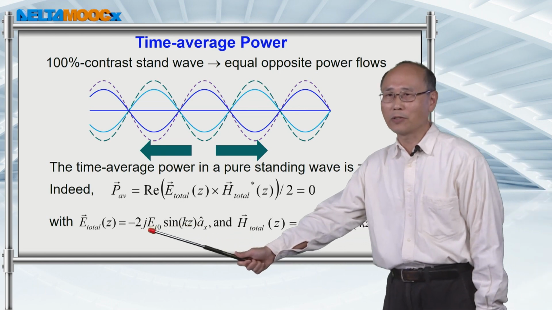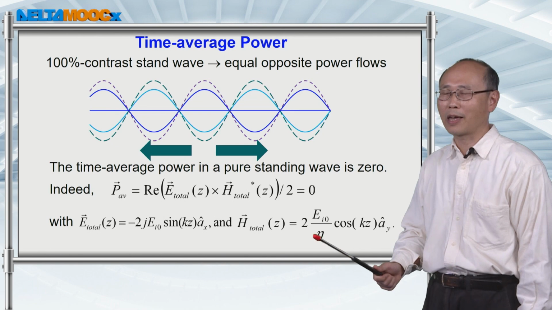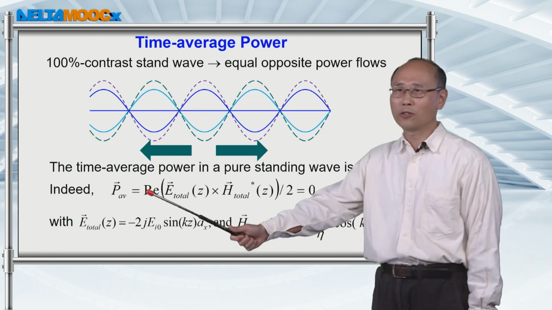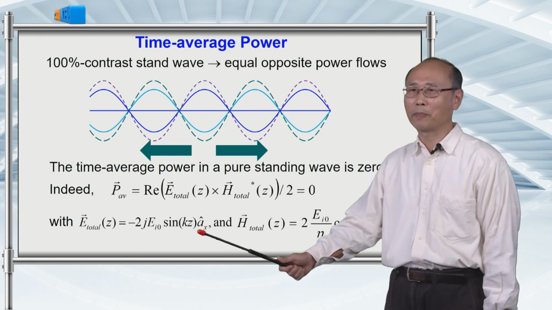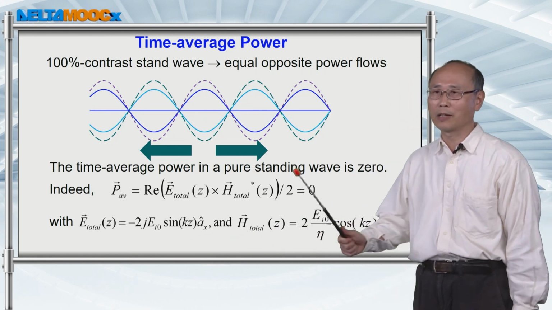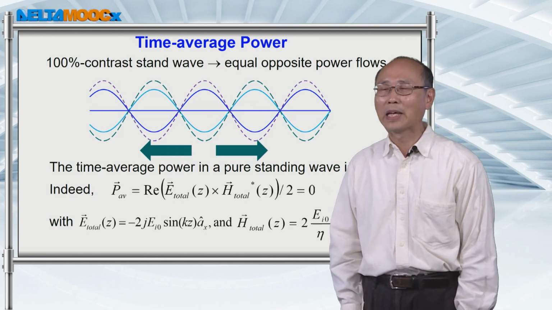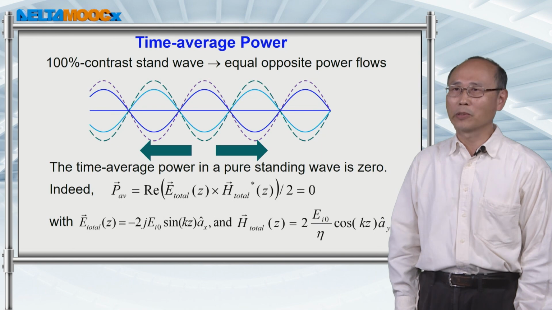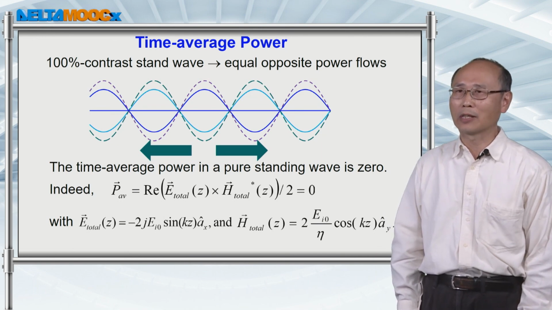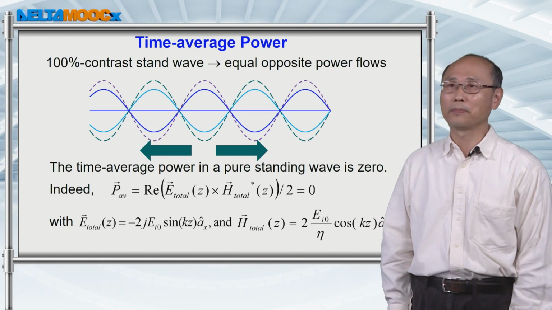And it turns out that you see a j in this expression, and you have the real value for this one. When you take the real part of the multiplication of these two, you don't have a real part. You just get nothing. And this just tells you that in electromagnetics, when we talk about power and also energy propagation, we need to take into account the direction of the propagation.